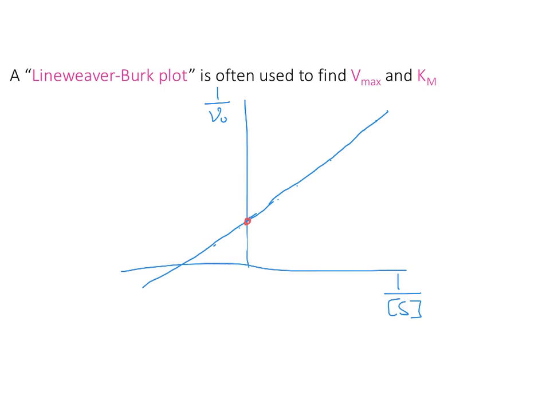So what you get are intercepts, and Km is -1 over the x-intercept, and Vmax is 1 over the y-intercept.